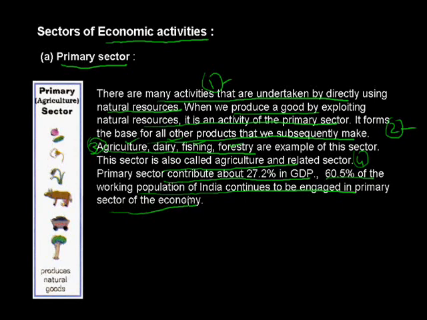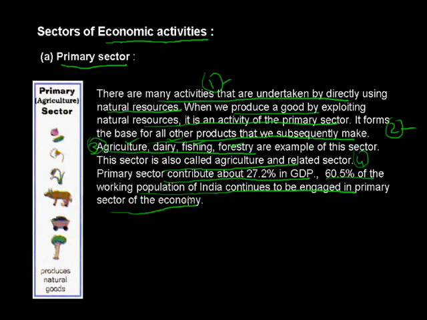If you remember the last chapter of class 9, not economics, geography, where we have read about the population, we have discussed the occupational structure of the country. There we have also discussed the three types of economic activities: primary, secondary and tertiary.